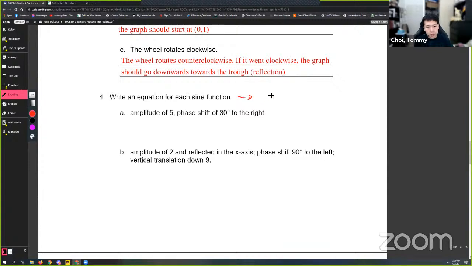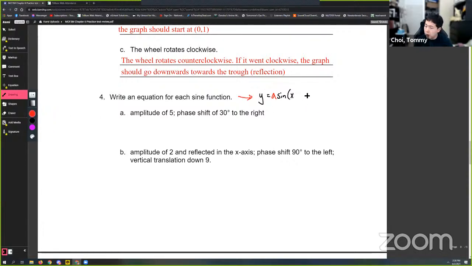So just keep in mind, right? Y is equal to A sine bracket X. Did I use h and k?